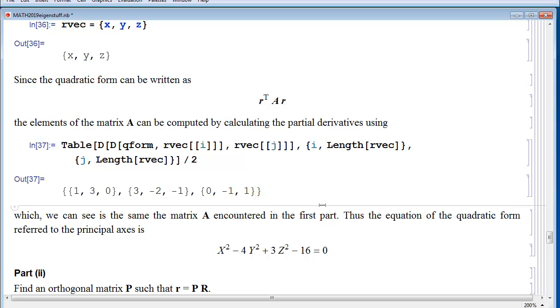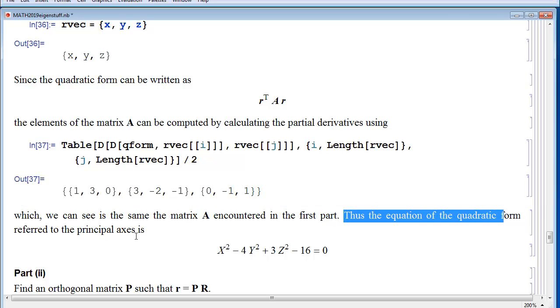So we know that the equation of the quadratic form referred to the principal axes is just the quadratic where the coefficients are the eigenvalues of the matrix. So that's okay.